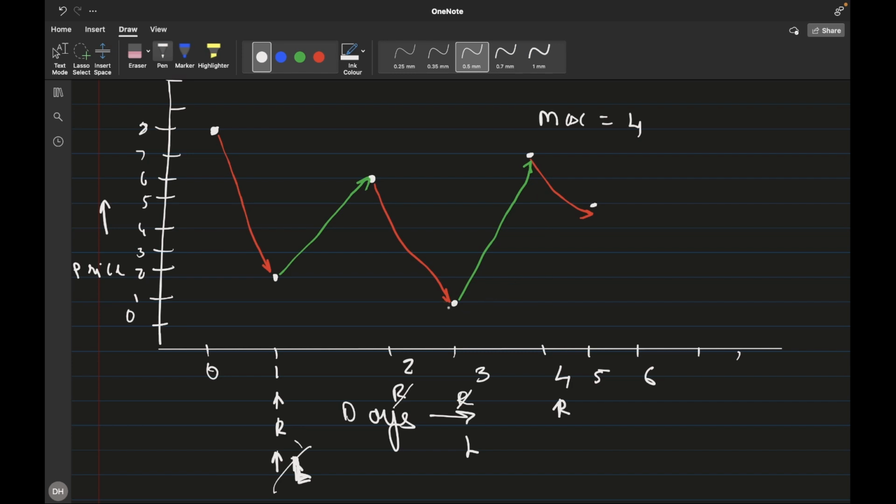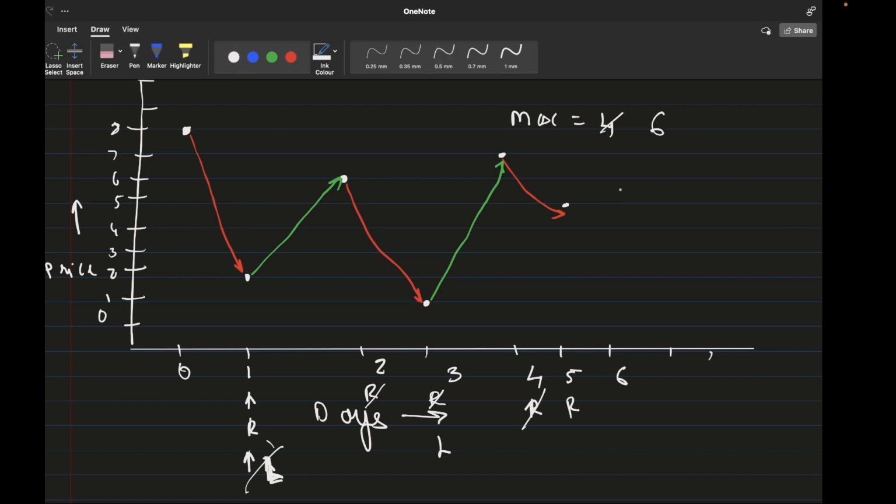Here we see that the price is 7 and the max is now 7 minus 1, that is 6. Now let's keep moving forward. The price here is 5, so the profit is 4, so we need not update it.